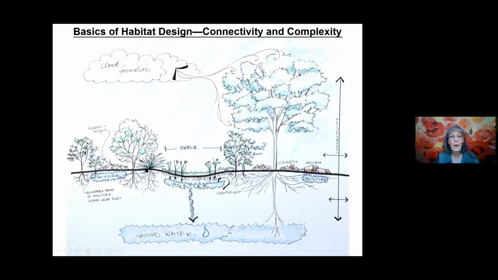Let's say this is the ground line here. It's a big fat line. Let's say you've created a swale. That moist area is going to be prime real estate in your garden. You'll have moisture soaking down into the groundwater area, and then you'll have tap roots pulling that water up into the tree, and then the trees release the water into the air, and you'll have cloud formation.